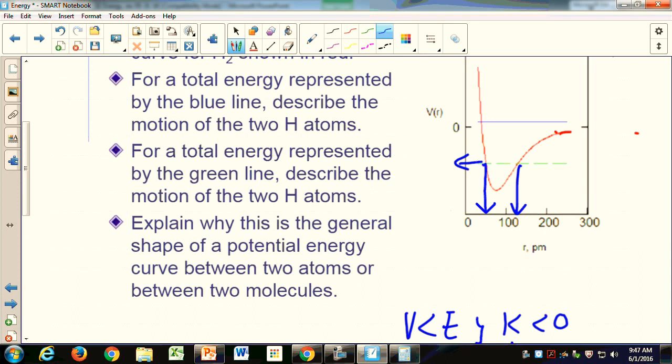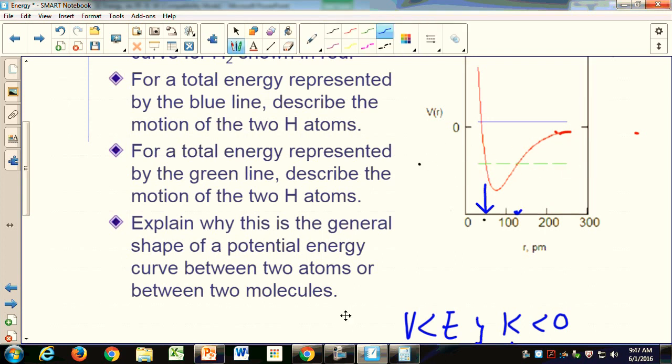So this distance is classically forbidden. This distance here, less than this distance here, is also forbidden. So what happens to the two atoms? The distance between them is just going to go back and forth between these two possible distances, within this interval.